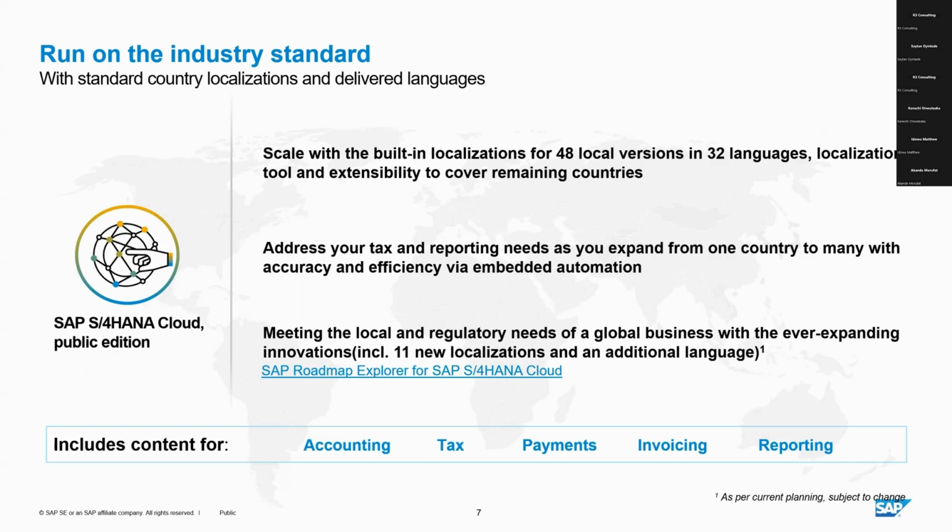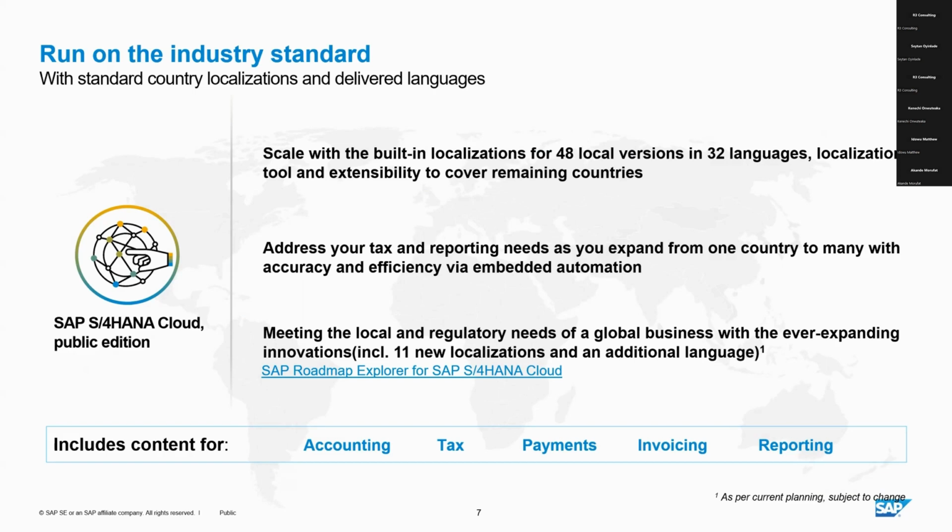If you're looking at localization for multinationals, usually multinationals have subsidiaries that operate in different countries. And usually there are regulatory requirements in terms of accounting requirements, taxation requirements, payment integration requirements, invoice numbering requirements, and reporting. So usually it's very expensive to build, right?